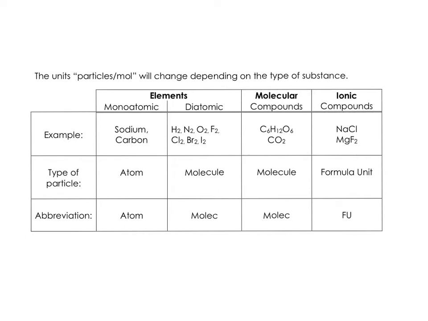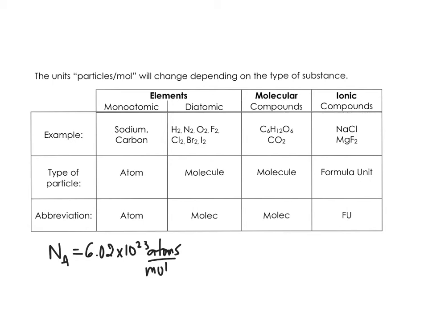So, the particle in Avogadro's number will be atoms. So, you would write that N_A is 6.02 times 10 to the 23rd atoms per mole. It's really important that you don't write particles per mole for every single question that you do.